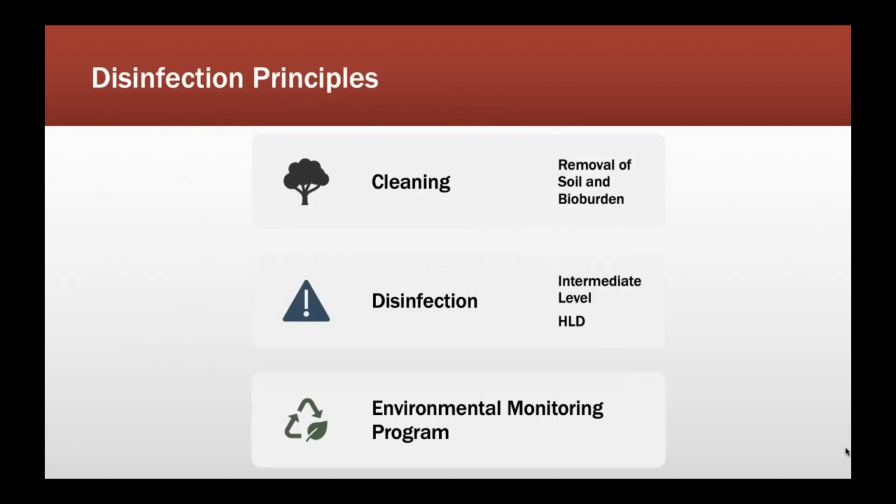Related to disinfection, there are a couple things I'd like to cover here. The first is that when we have a visibly soiled area, we always want to start with the cleaning process. That cleaning process is simply going to remove soil and bioburden. It's not going to kill anything. It is designed to remove that material so that the next disinfection step will be highly effective. The CDC recommends a minimum of a low-level disinfectant, but preferably an intermediate-level disinfectant.